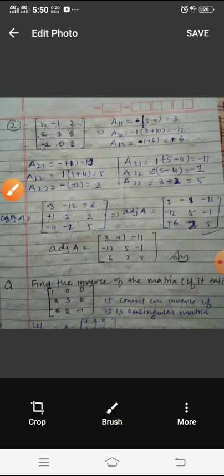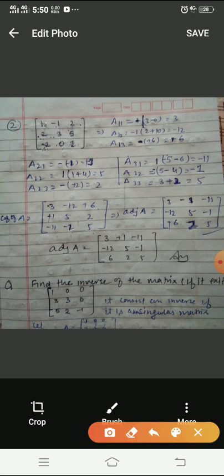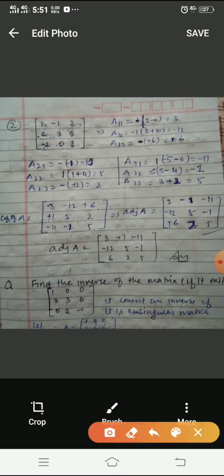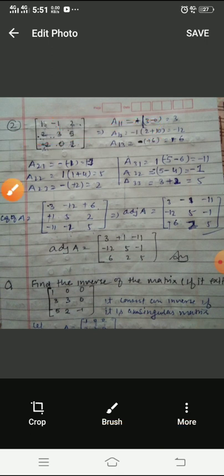I will take one more example for this. Suppose we have to find it for this element 0. You must know the position of that. What is the position of this element? Third row, second column. So how do we write? Third row, second column. Clear?